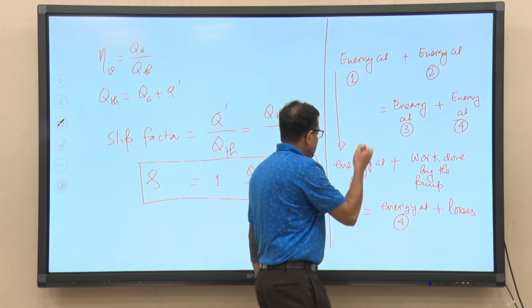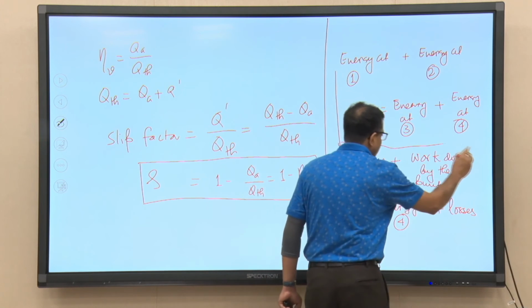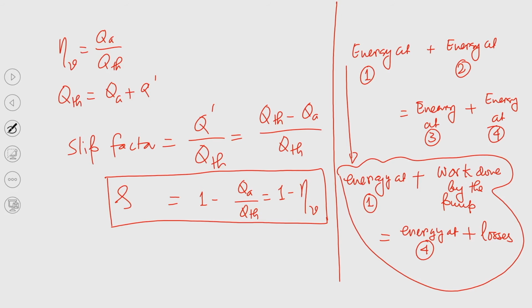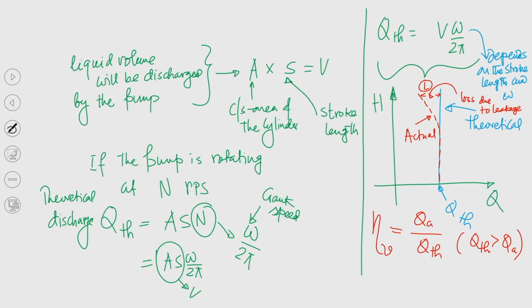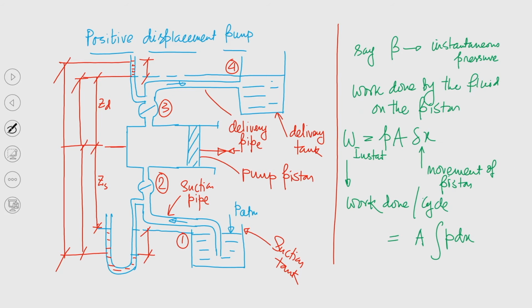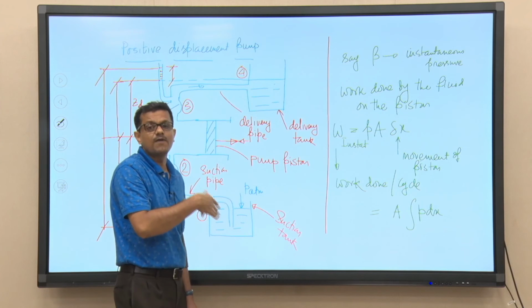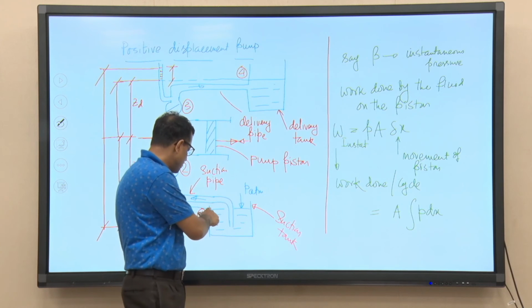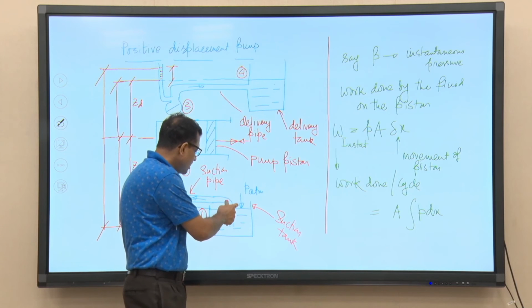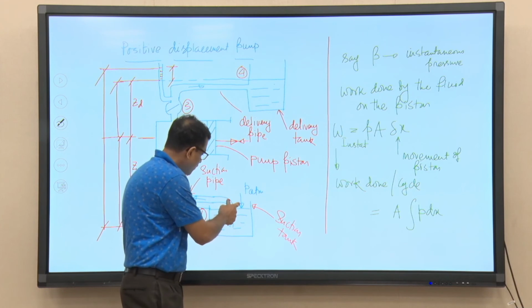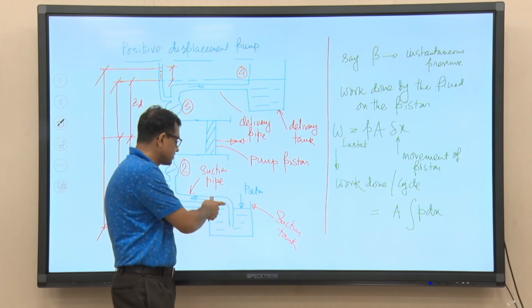Now, if we focus on this particular point first, we can write the following. Energy at point 1 is associated with the flow of fluid, that is, liquid flowing from the tank to the suction pipe.